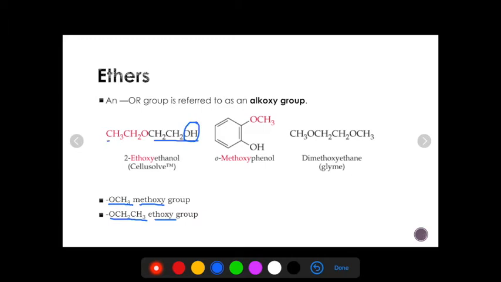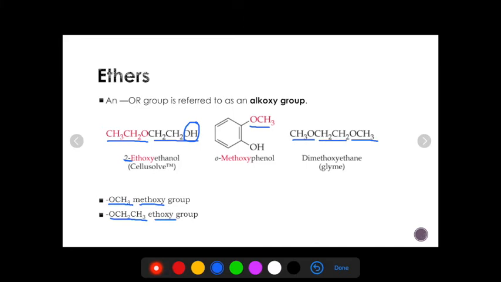So I would name this as ethoxy, and then I have 2 ethanol, and then we put the number in for the OH group. Here we have a phenol, and we have a methoxy. And then over here we've got 2 oxygens, so we can say dimethoxy, and then name the middle part ethane.